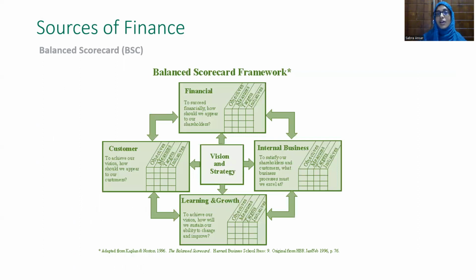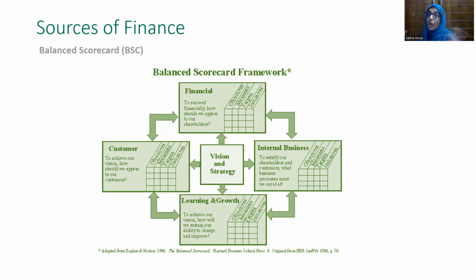As you can see, there are 4 main sections. One is the financial section, where we talk about the objectives, measures, targets, and initiatives, and how we try to succeed financially and achieve what the shareholders want in an organization.